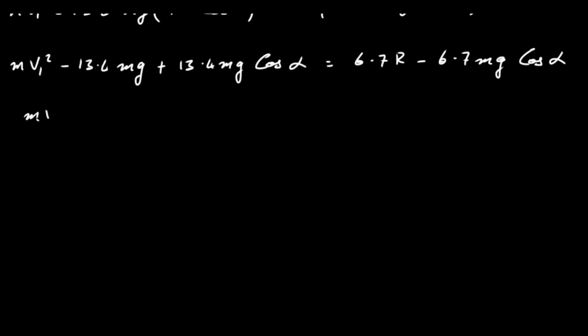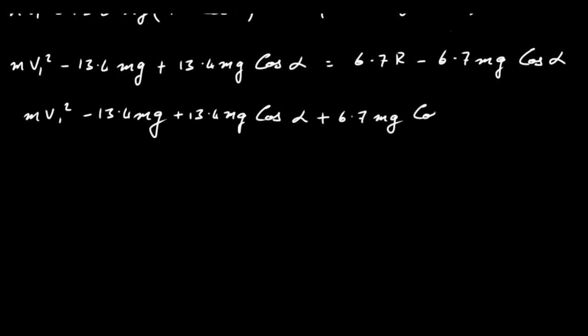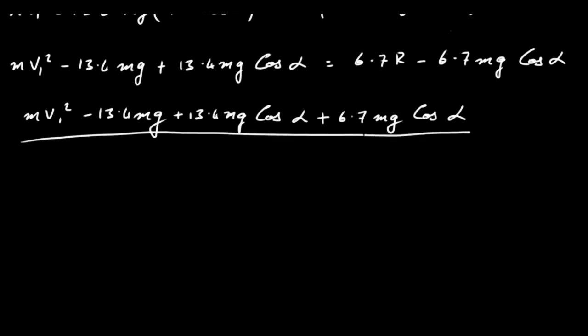So it's mv1 squared minus 13.4 mg plus 13.4 mg cos alpha plus 6.7 mg cos alpha. That'll leave me with this bit here, so now I've just got to divide by 6.7, and that gives me the or, which is what we were asked to do.